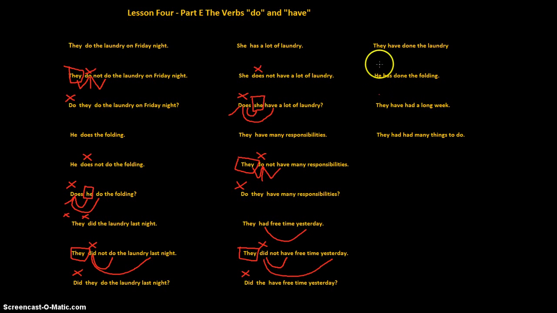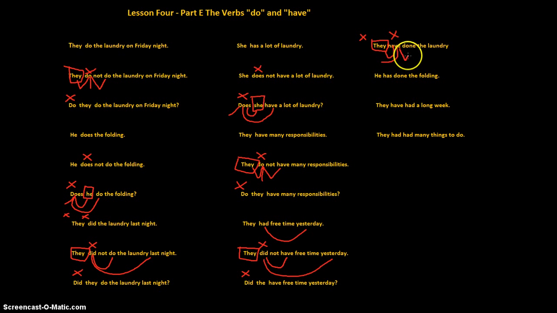Let's just take a look at these last few. They have done the laundry. The X word is have. Have they done the laundry? That makes they the subject. The X word have ties with the subject. The X word have ties with the present.